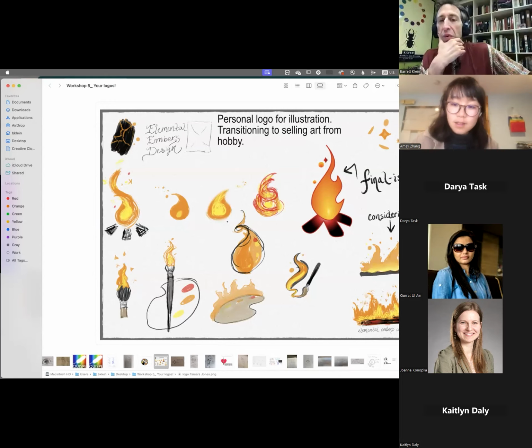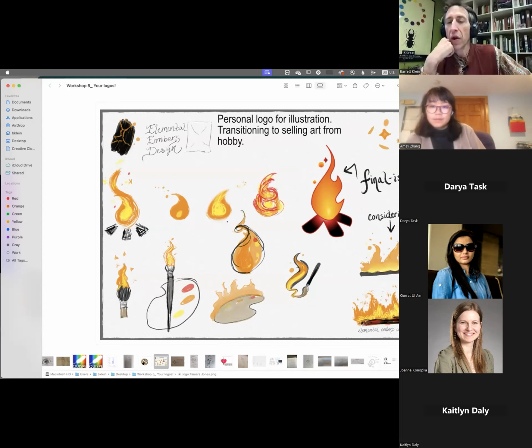So this is where the only danger I see is in terms of novelty. Fire is used all over the place. And is this significantly different enough from other logos to evoke exactly what you'd like to achieve?